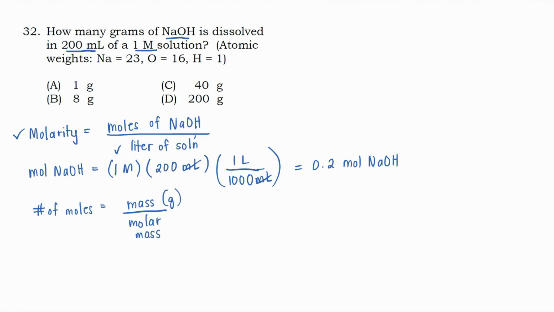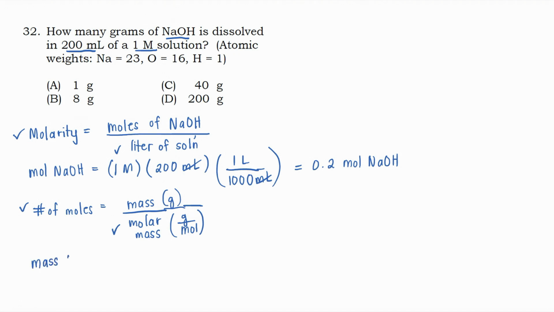Usually, yung mass naka-grams and then yung molar mass, yan yung gram per mole. Ayan. So, since meron ka ng number of moles, meron ka na ring molar mass or makukuha mo siya using the given atomic weights. So, makukuha mo na yung mass.